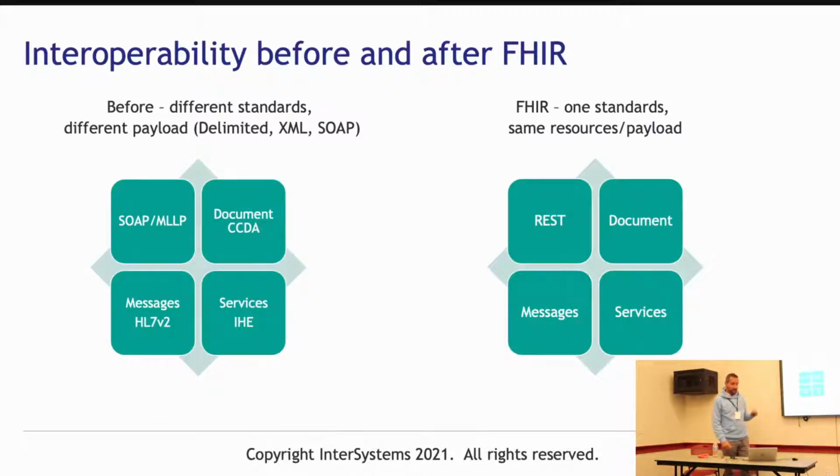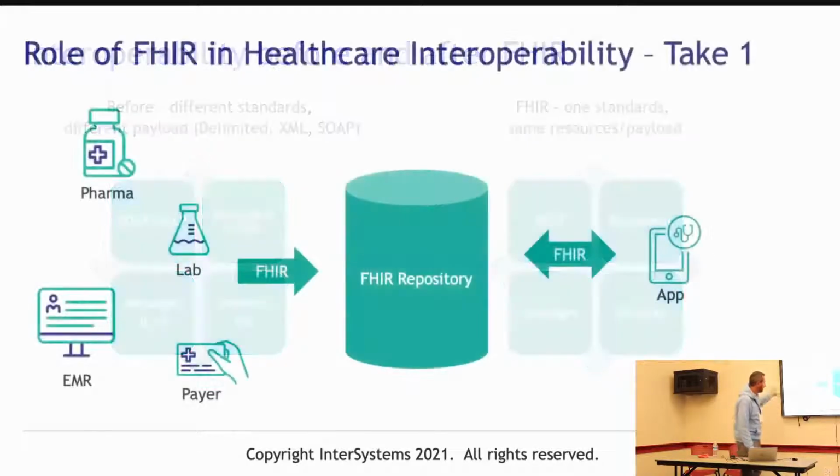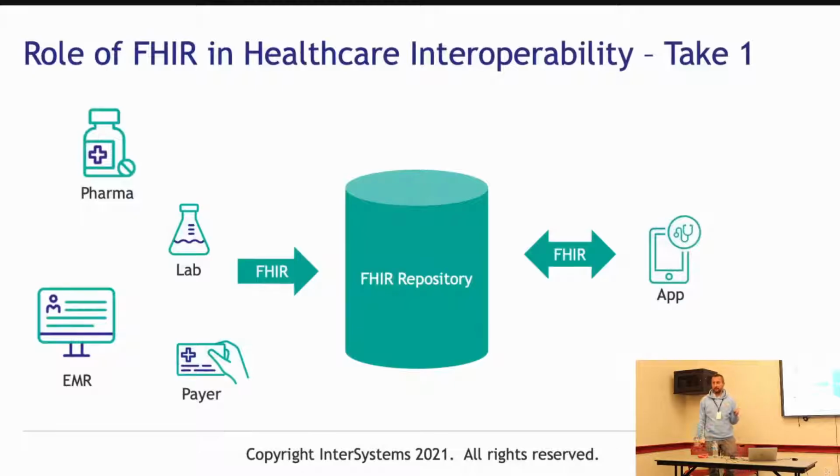So based just on that, the fact that there is a federal mandate that health data should be exchanged in FHIR, and some use cases, we can already come up with some basic picture of what FHIR can do for you. You have various players in the healthcare industry that must be able to give you data as FHIR. And you need some place to store it, some place to query it.